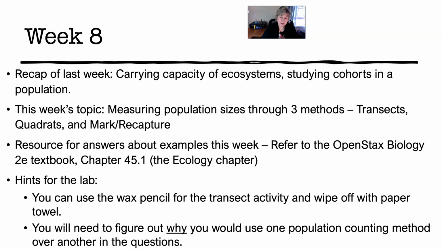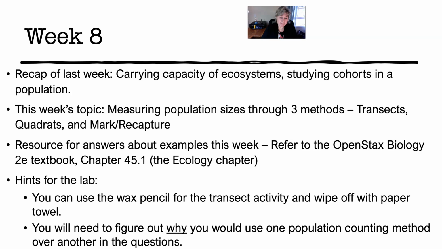And I have given you a reference here, your OpenStax Biology 2nd edition textbook, chapter 45, section 1. This gives you specific examples of these population sizes and a species that you would use these different counting techniques for. So go to that chapter and look, the answers are right there.